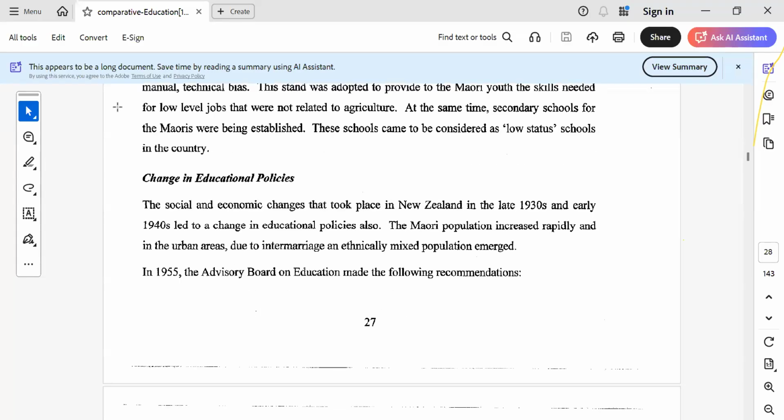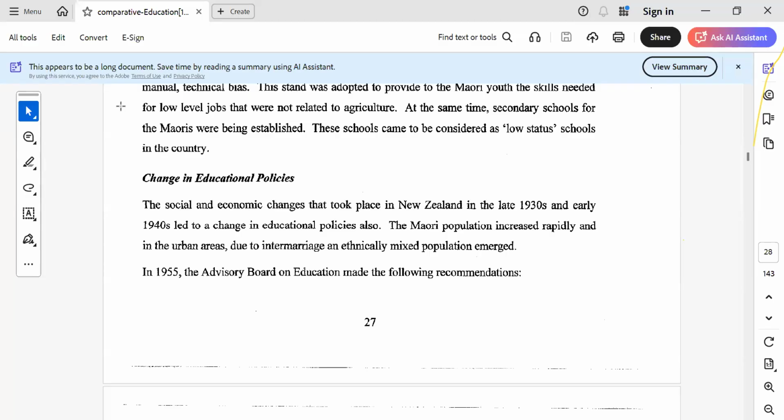So even here in New Zealand, changes in educational policies. So recently, 1930 and 1940 led to a change in educational policies. So the Maori population increased rapidly in the urban areas. Now they are moving to the urban side. Due to intermarriage, an ethnically mixed population emerged. So here they are mixing, right?